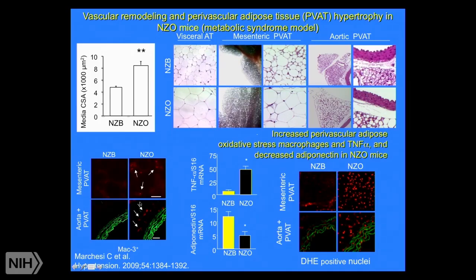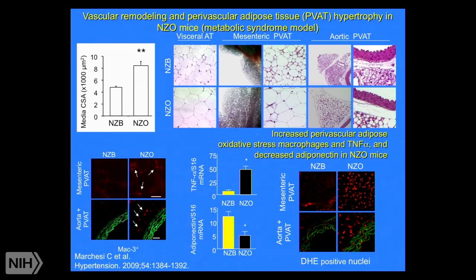This is associated with increased inflammation, as demonstrated by infiltration of macrophages in the perivascular fat, increased superoxide generation in both mesenteric and aortic perivascular fat, as shown by increased oxidative stress by the DHE technique, and finally, increased TNF-alpha and decreased adiponectin.